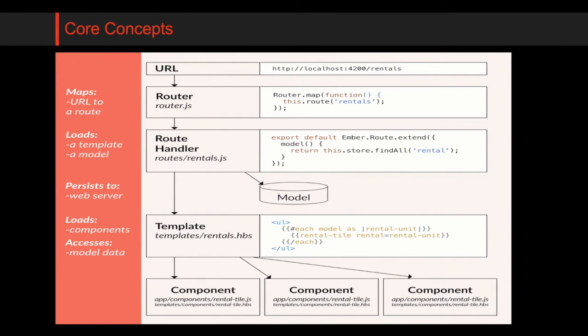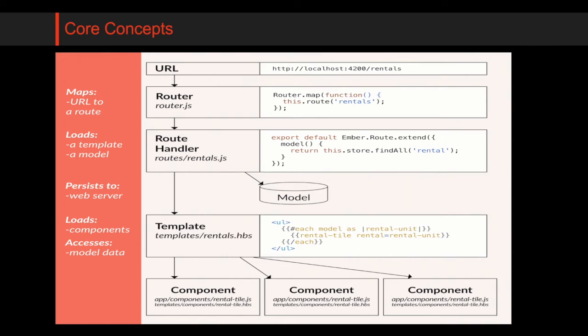The core concepts of Ember. The URL can be set in a few ways. The user loads the app for the first time. The user changes the URL manually, such as by clicking the back button or by editing the address bar. The user clicks a link within the app.